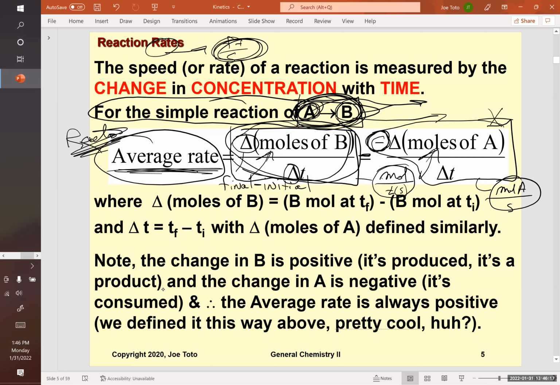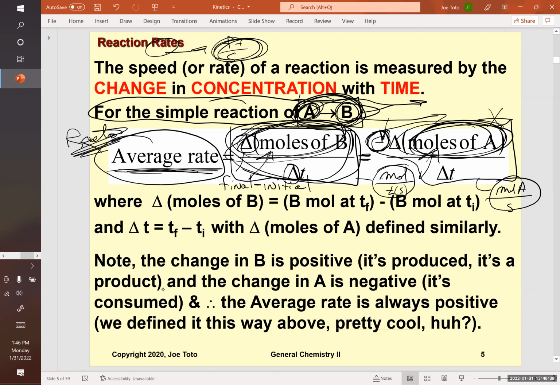So this goes up in time, and this goes down the same amount in time. And so that's the same number, except it's a change in the sign. And that's just because of the way we define the deltas.